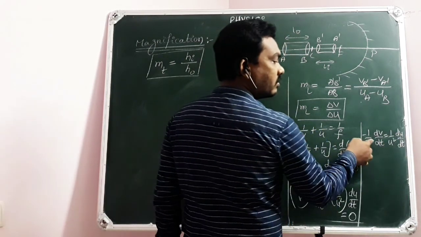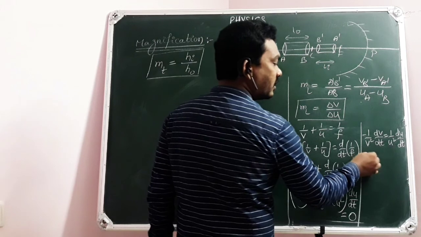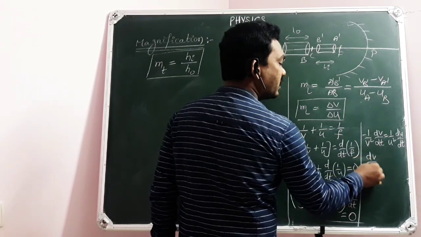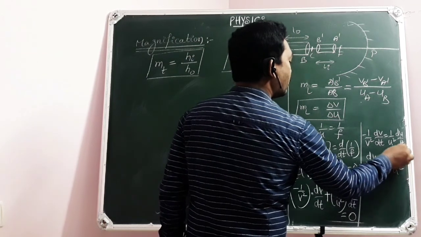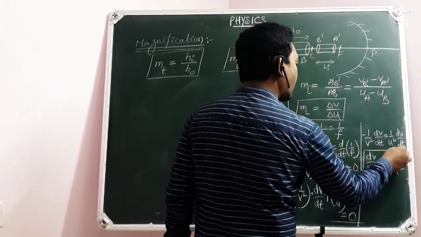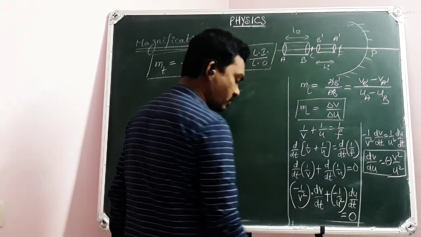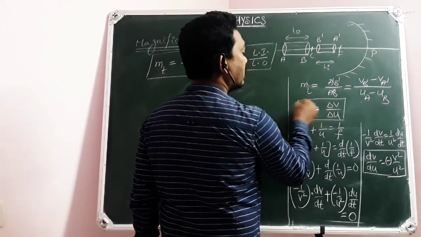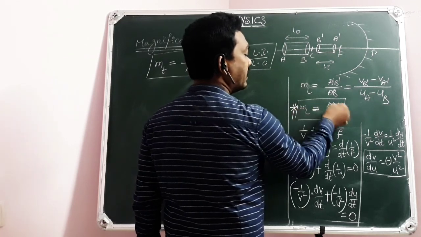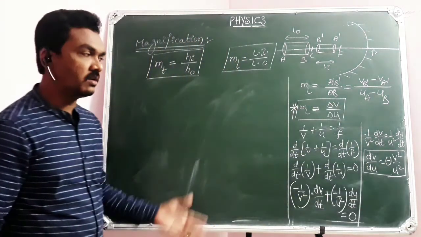Now here the dt dt cancel, so dv/du is equal to minus v square by u square. Observe carefully. dv/du equals minus v square by u square, which is linear magnification. Delta v is nothing but dv, delta u is nothing but du.